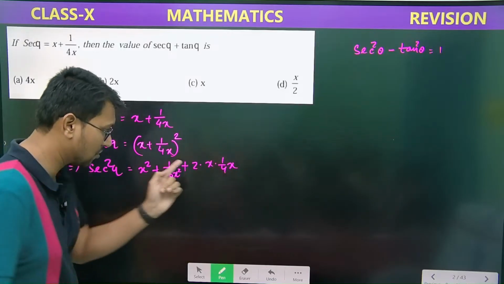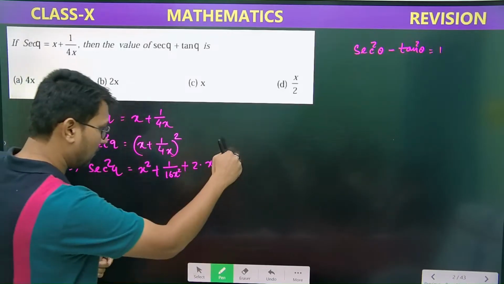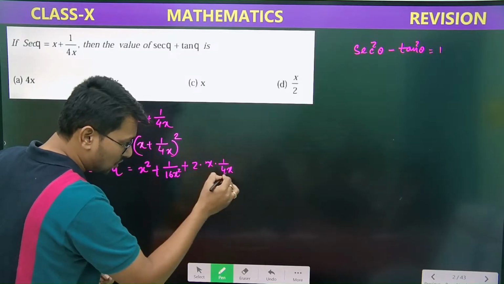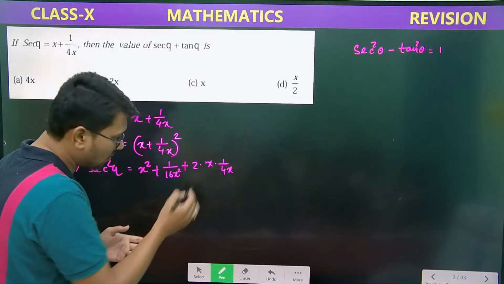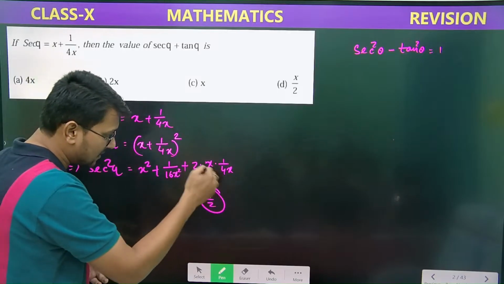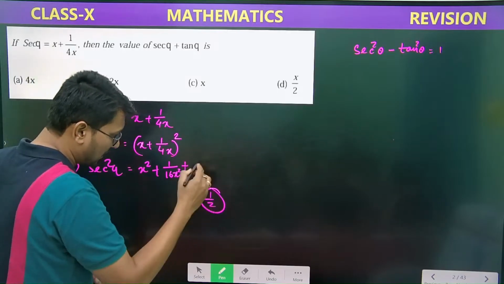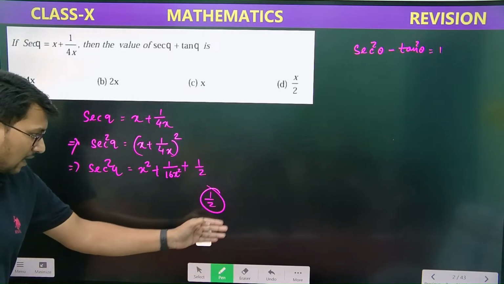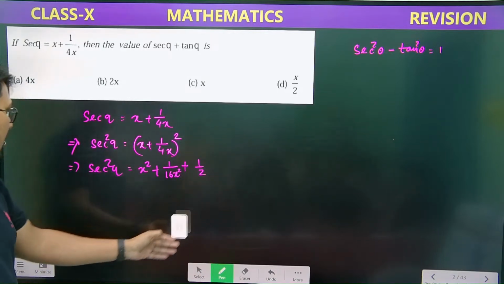X cancel, 2 cancel with 4, so 1 by 2 is left. By replacing this, I can write 1 by 2. Done. Clear everyone?